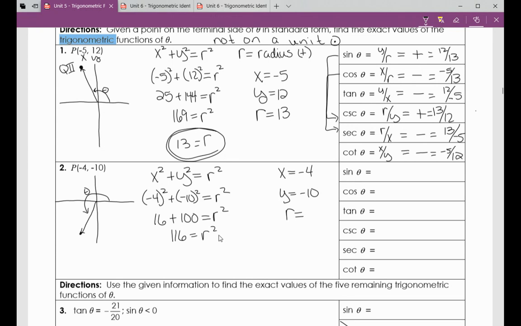Now, there is a perfect square factor of 116. So when I take the square root of it, I can simplify the square root of 116. I don't use the square root of 116 as my radius. So the square root of 116 actually simplifies to 2 root 29. Y'all verify that and make sure that's right.